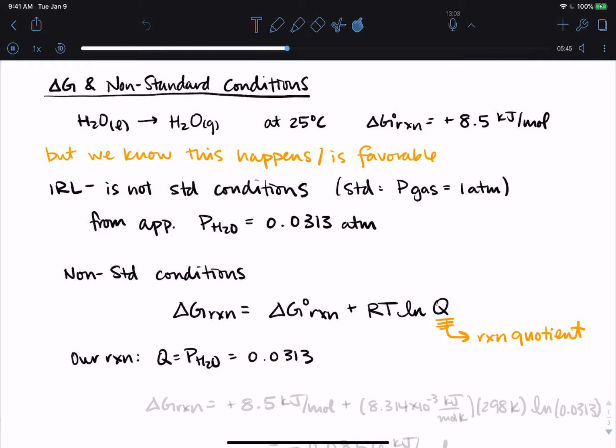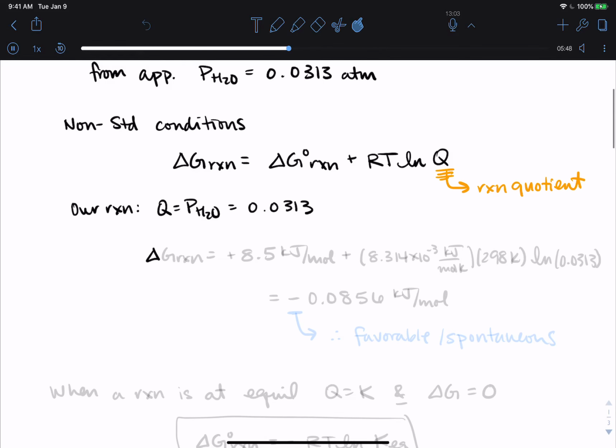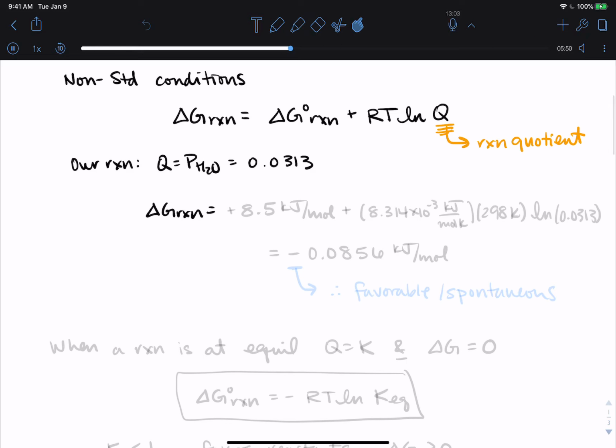Okay, so delta G reaction equals our standard value, which is 8.5 kilojoules per mole, plus RT ln of Q. Well, the R value, 8.314, is in joules per mole Kelvin, so we need 8.314 times 10 to the minus third, so it'll be in kilojoules per mole Kelvin, times 298 Kelvin, times the natural log of 0.0313.